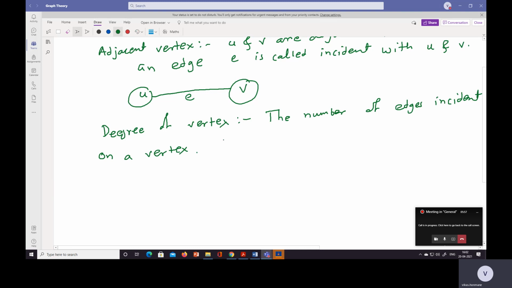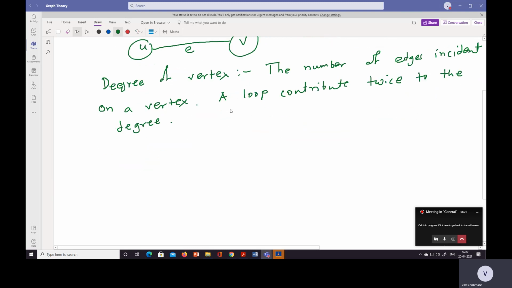And when we consider a loop, a loop contributes twice to the degree. That means whenever we consider a loop, we count the degree of the vertex twice.